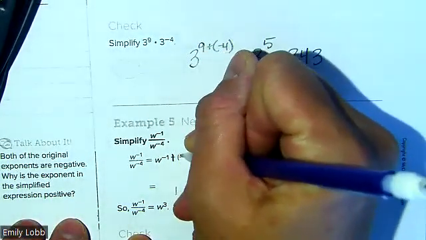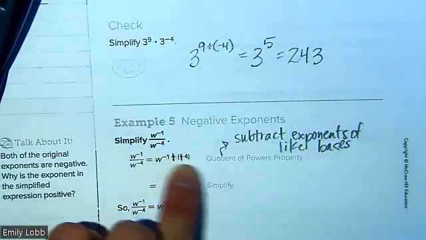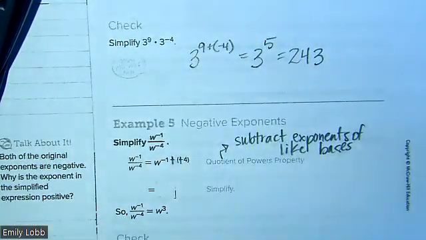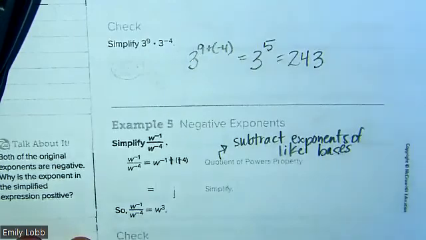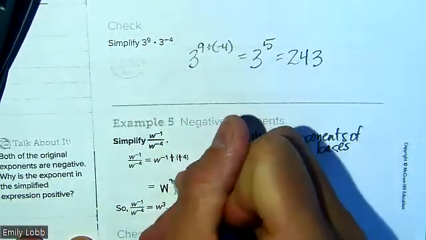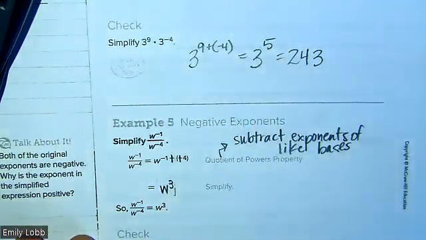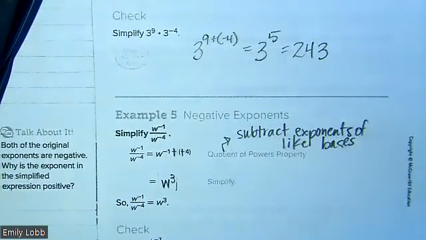Keep, change, opposite. So we really have -1 plus 4. When our signs are different, we subtract. 4 minus 1 is what? 3, and our bigger number was positive. So this is W cubed. You see that, how we got those things?